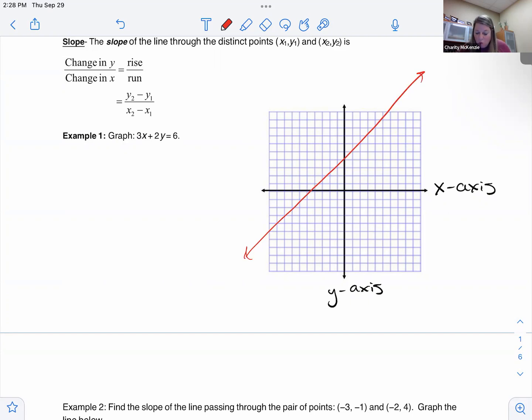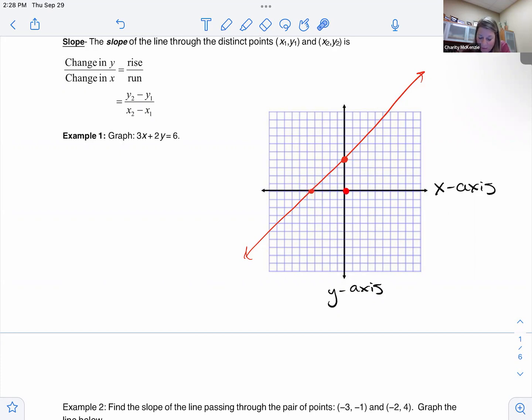Here's the line. Where it crosses the y and where it crosses the x are the intercepts. Where it crosses the y is the y-intercept. Where it crosses the x is the x-intercept.